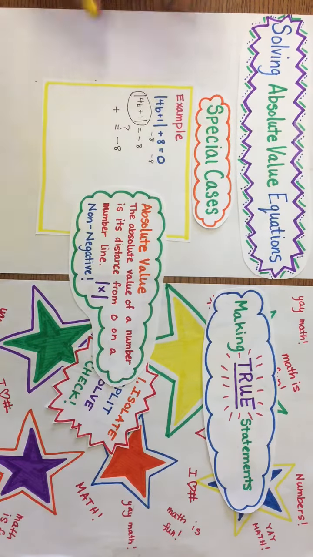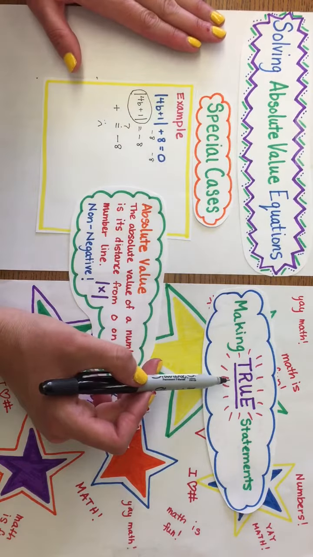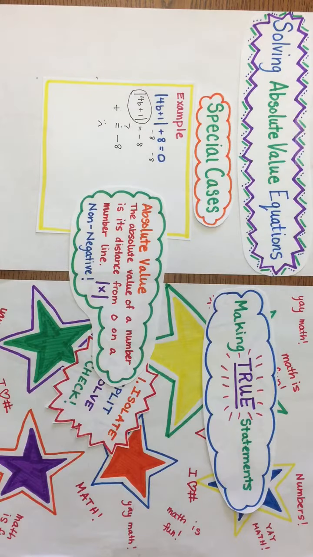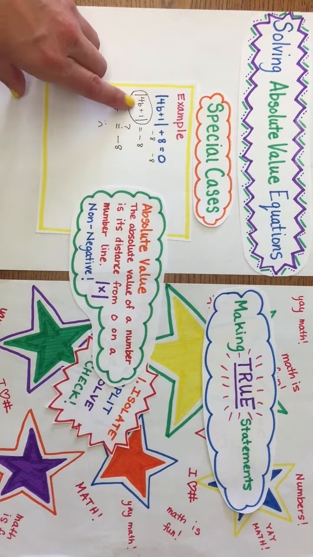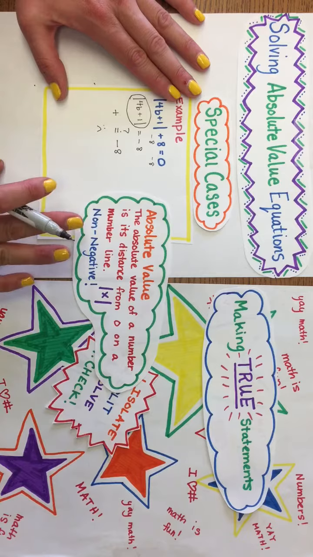Can a positive number ever be equal to negative 8? The answer is no. We will not be able to make a true statement. We're looking for a true statement. There is no value of my variable b that will make this absolute value a negative number.